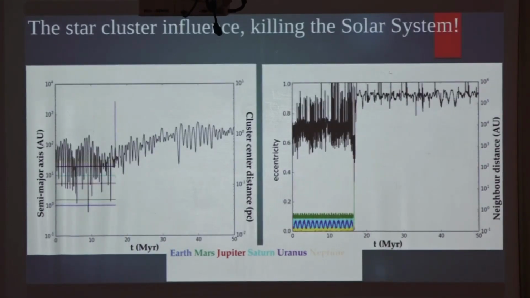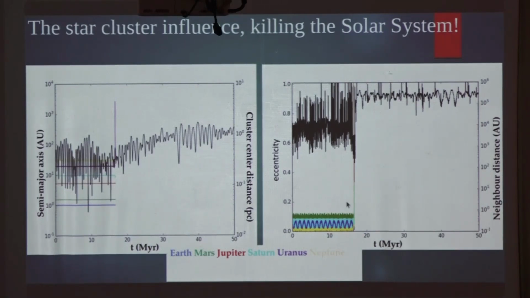But this is not always the case. In this case, we have basically that the star cluster kills the solar system. As you see, there are two encounters that eventually eject all of the planets.